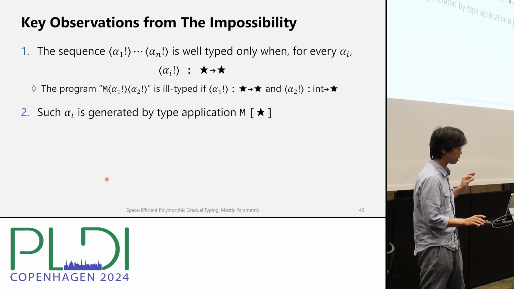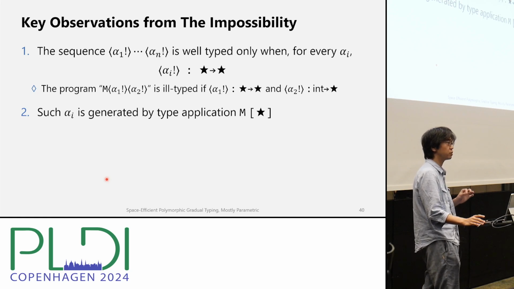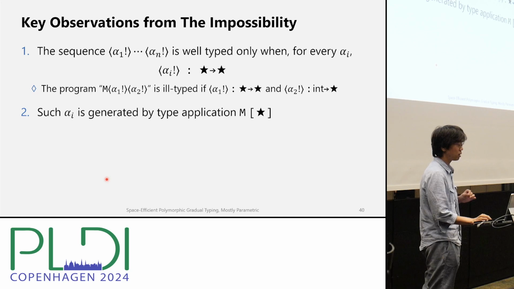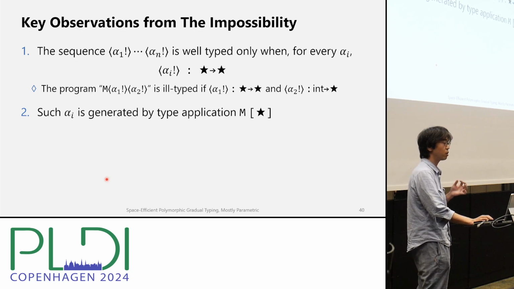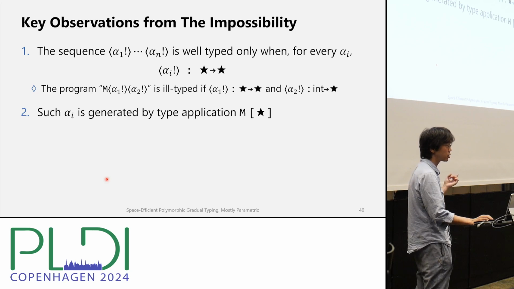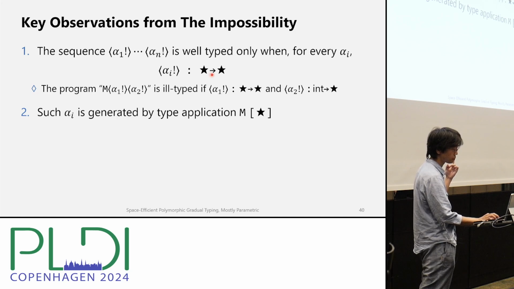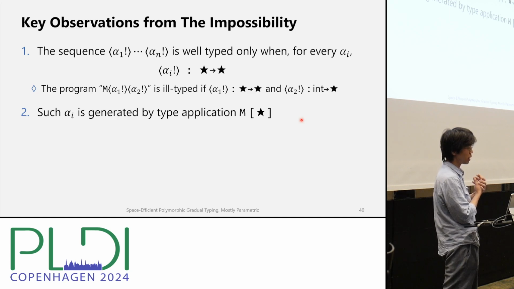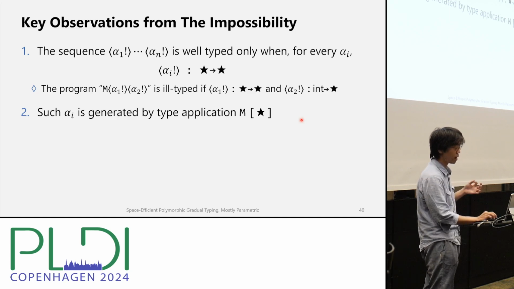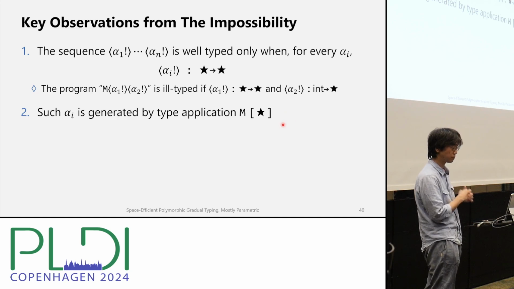But from these counterexamples to space efficiency, we can make key observations. The first one is that the problematic coercion sequence is well typed only when, for every type name alpha, the injection coercion has this type star to star. And the second observation is that such a type name alpha is generated by type applications with star as a type argument.